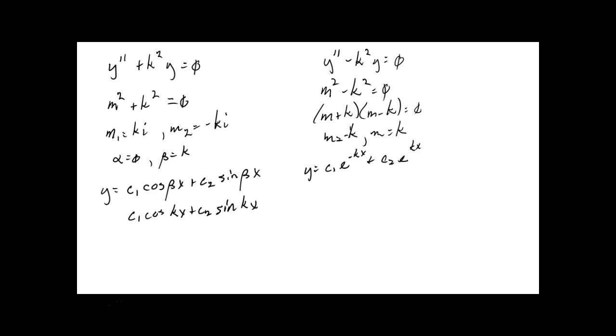And they are linearly independent, so you can also write those solutions as, if it's any good for you, C1 hyperbolic cosine kx plus C2 hyperbolic sine kx.